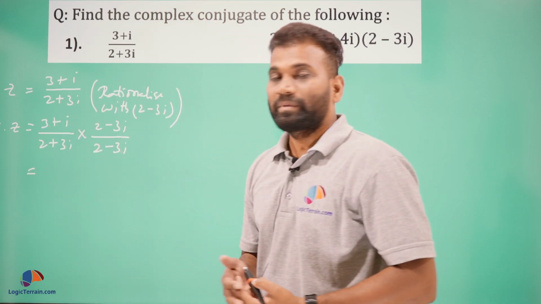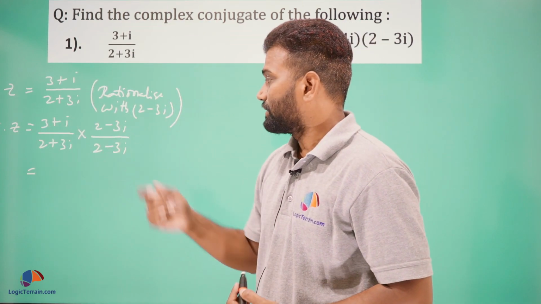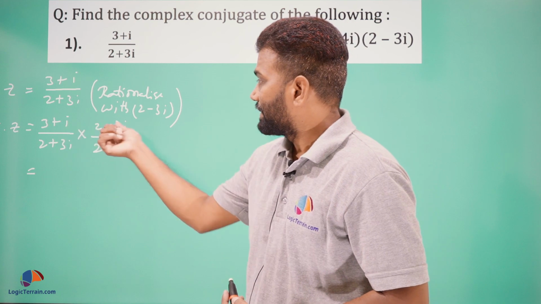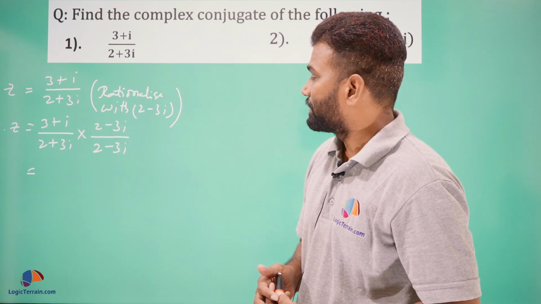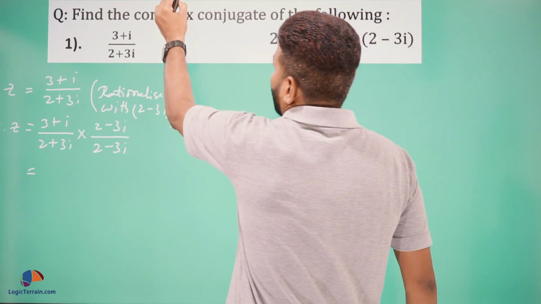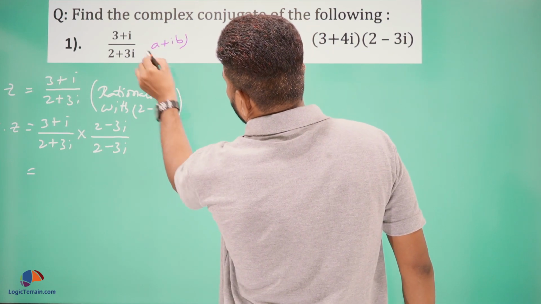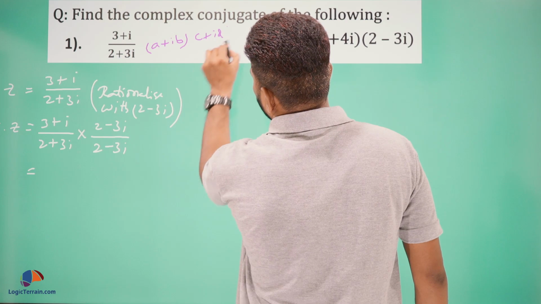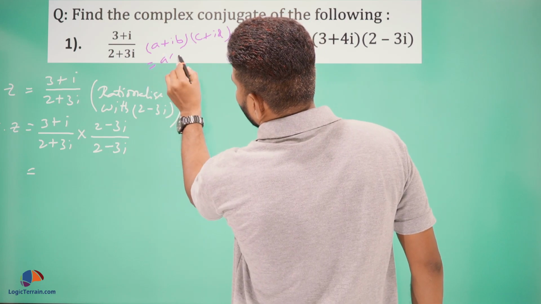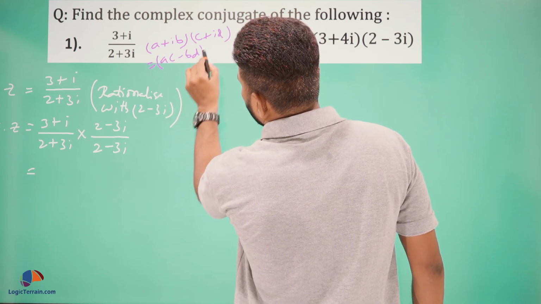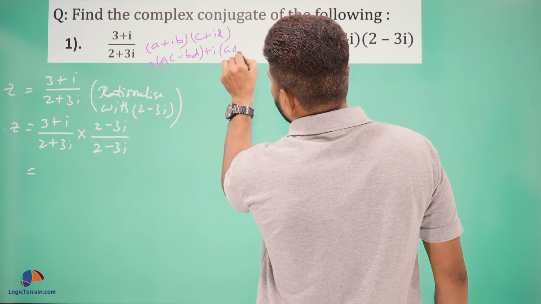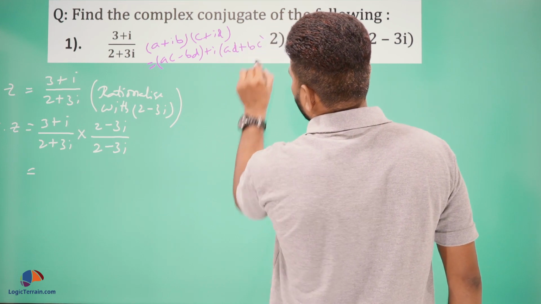On multiplying numerator into numerator and denominator into denominator, first we will multiply the numerator by using the product rule. We know that for two complex numbers a plus ib into c plus id, their product is equal to ac minus bd plus i of (ad plus bc).